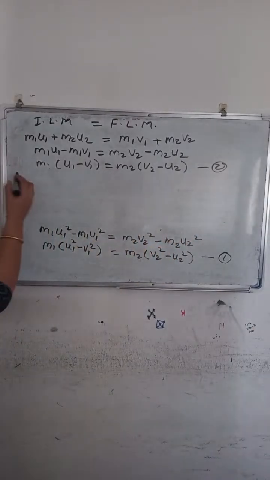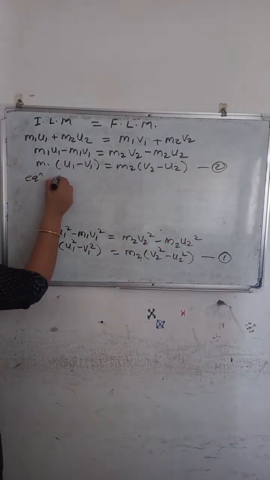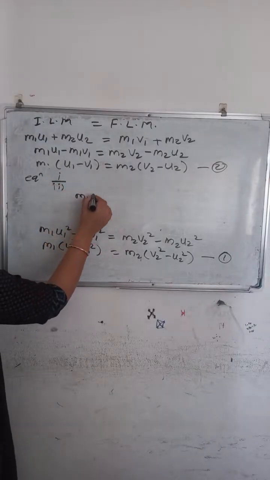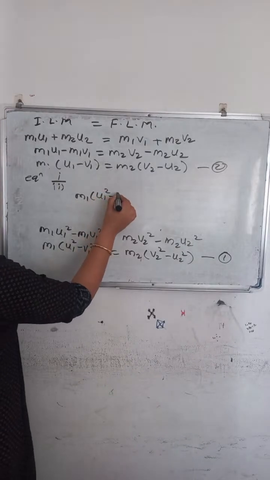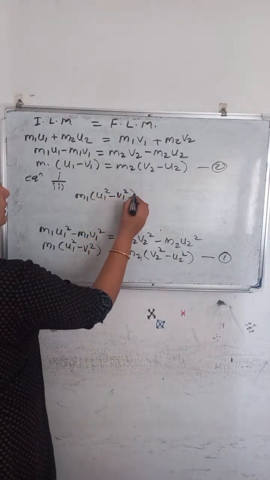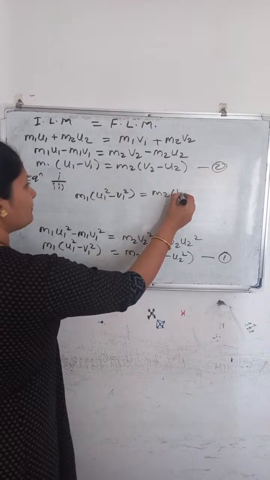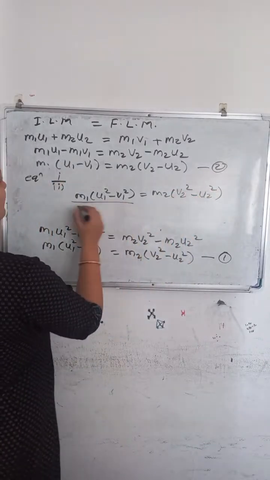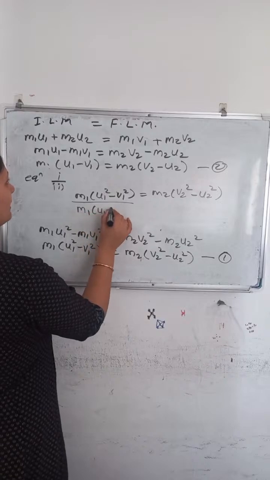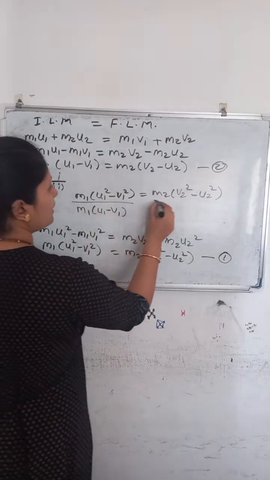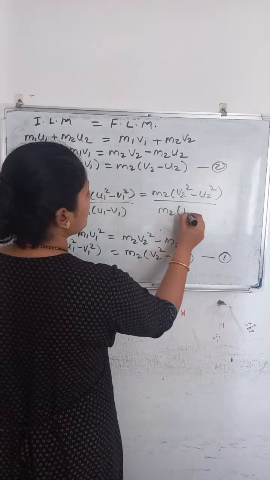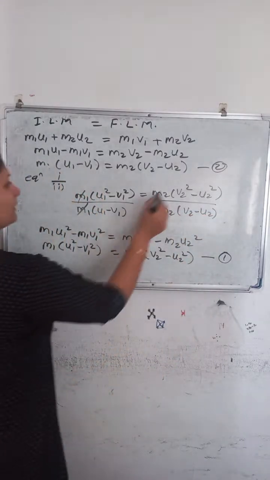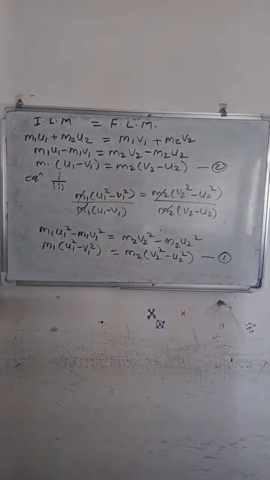Now we can divide equation 1 by equation 2. So I have here m1 times u1 square minus v1 square is equal to m2 times v2 square minus u2 square, divided by m1 times u1 minus v1 upon m2 times v2 minus u2. So m1 and m2 get cancelled.